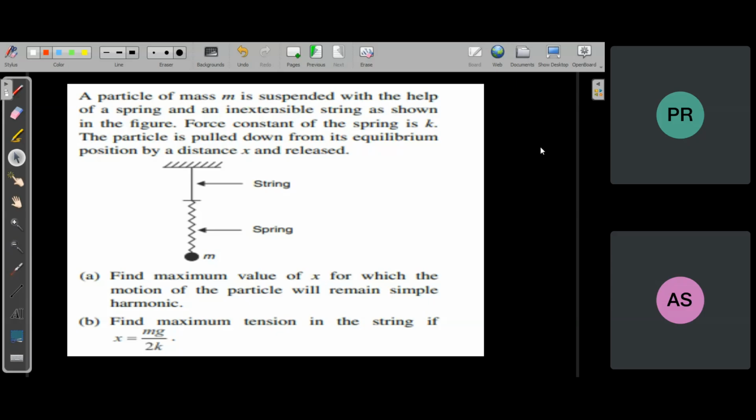The maximum value of x. What is the motion of a given simple harmonic? Maximum value. Find the maximum tension in the string if x equals to energy by 2q.